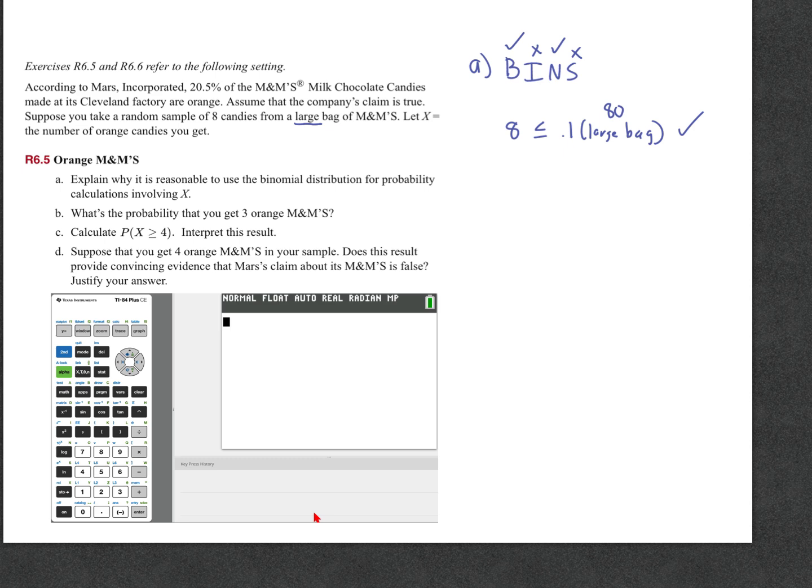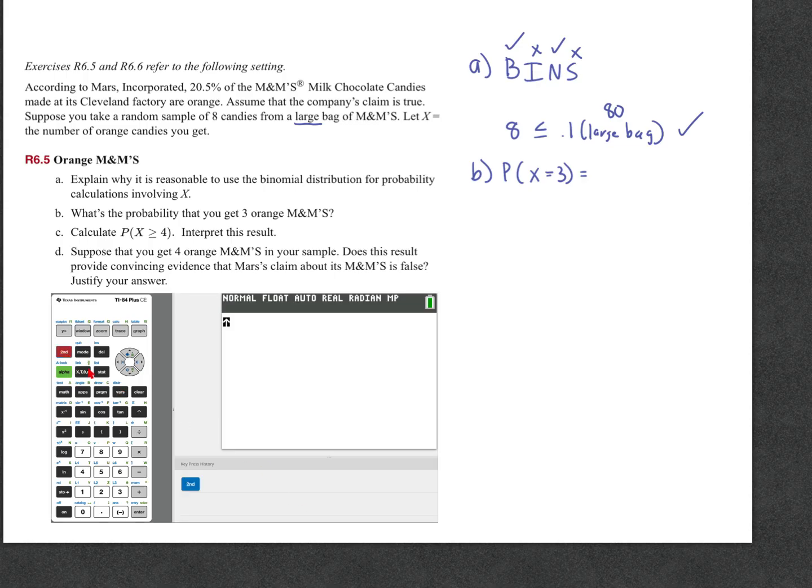Okay, so that's A. Now B: what's the probability that you get 3 orange M&Ms? Now that we've established that it's approximately binomial, we can use binomial PDF. Notation-wise, we want the probability that x equals 3. So we'll do that in the calculator.